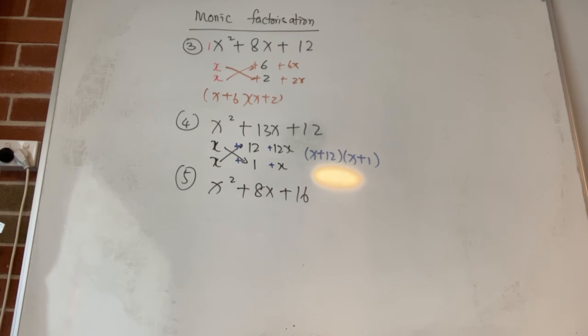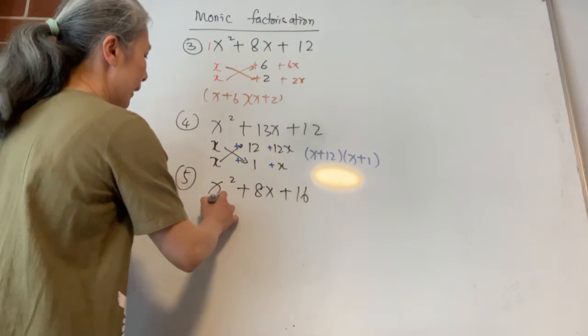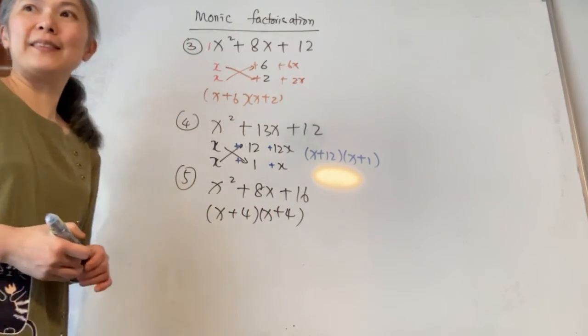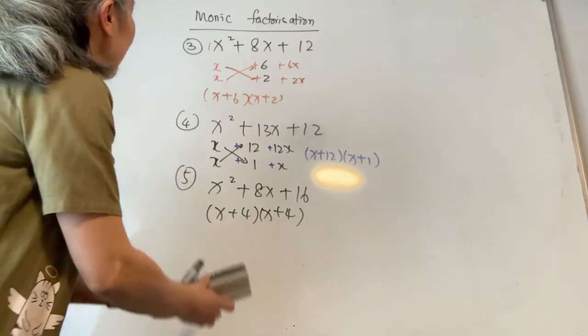Choose numbers to get to 16. What numbers can be enough? 8 and 2, 4 and 4. Yes, that's right. Good, good, good. So we are getting x plus 4, x plus 4. Oh, good. Yep. Okay.